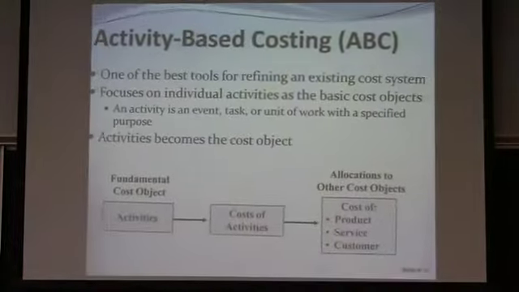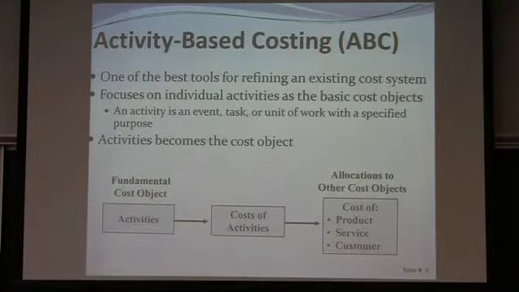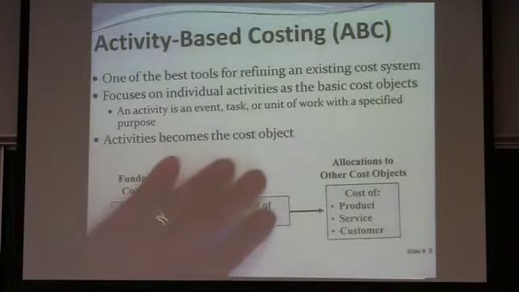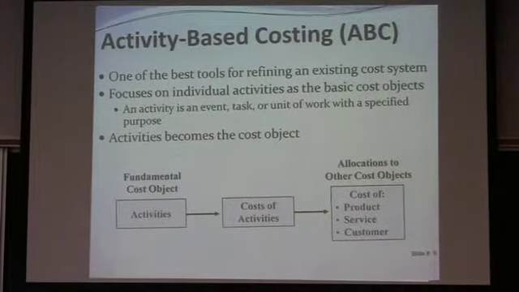Activity-based costing is one of the best tools for refining the existing traditional costing method. If you look at the previous mock exercises we've done, you'll see that we've used traditional allocation methodologies of allocating manufacturing overhead to a particular job, and we saw those job questions in previous mock exercises.